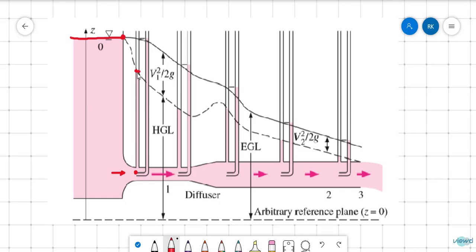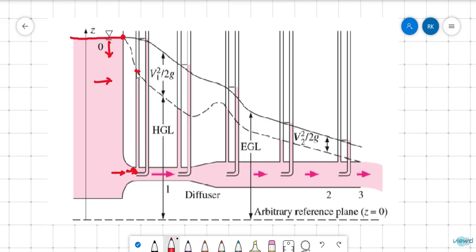This is because the velocity has been increased. Here the fluid is flowing and there is a velocity. Here there is no fluid flowing, or negligible, on this surface. So we are not considering any velocity in this direction. So velocity will be there at this point in this direction, and the pressure head decreases and velocity head increases.